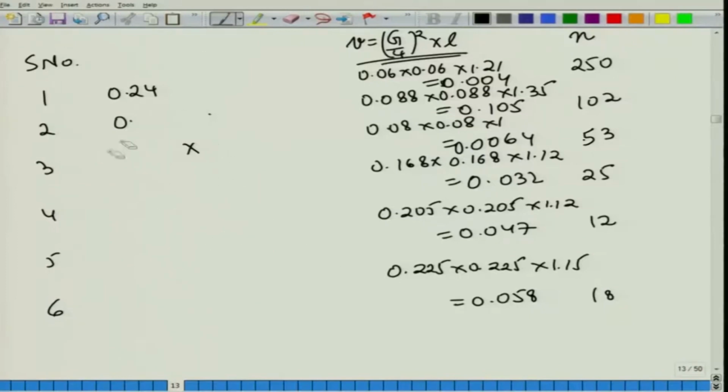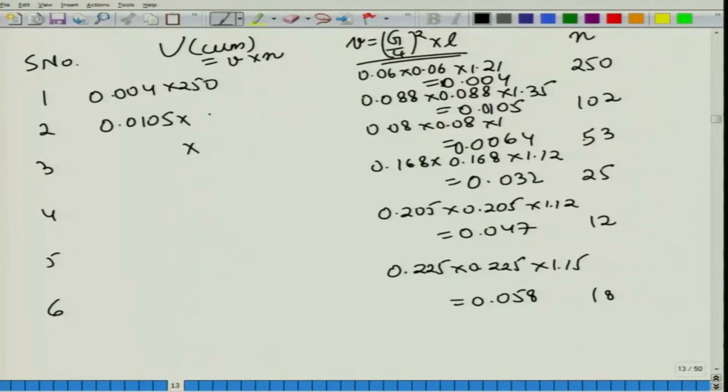So, next we will have capital V in cubic meter, which will be given by this small v into small n. So, for the first one it will be 0.004 into 250, here we will have 0.0105 into 102, then we have 0.006. Let us take it to just 3 decimal places, into 53.